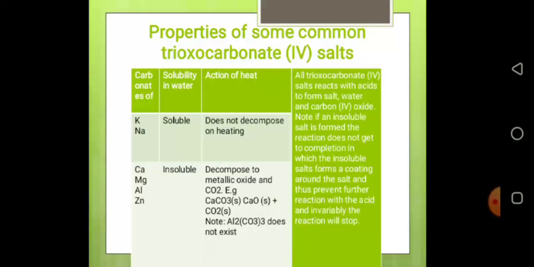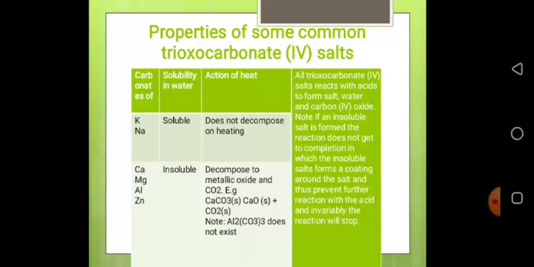Solubility and action of heat: potassium and sodium trioxocarbonate(IV) are soluble in water and do not decompose on heating. Calcium, magnesium, aluminium and zinc trioxocarbonates are insoluble and decompose to metallic oxide and carbon dioxide.